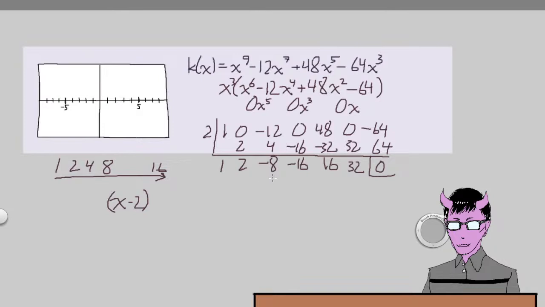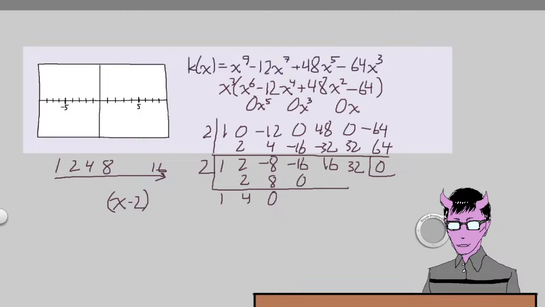So we were guaranteed one positive real solution. We have up to 3 positive real solutions. So you see all these coefficients are all even. That's a very, very big suspicion that 2 might work again. Let's try positive 2 again. So we have 2, we have 4, we have 8, we have 0, that's nice.